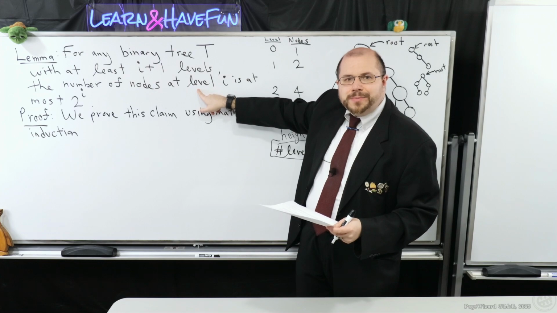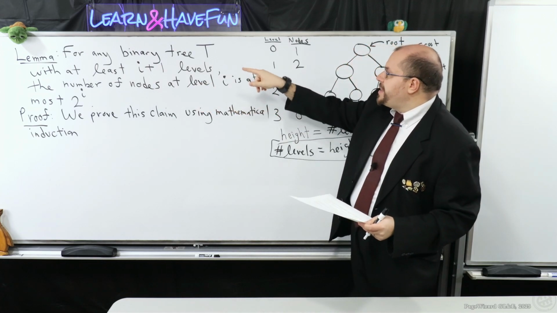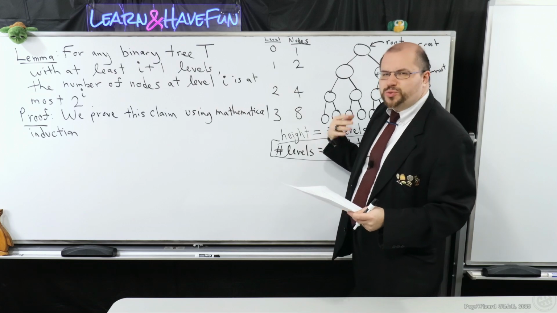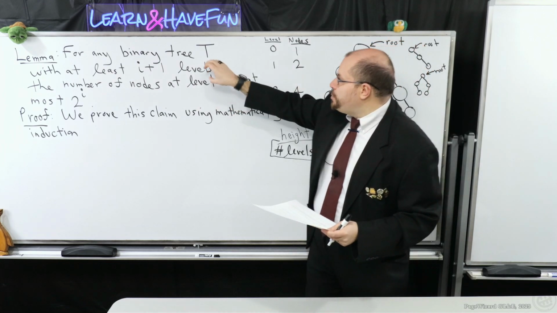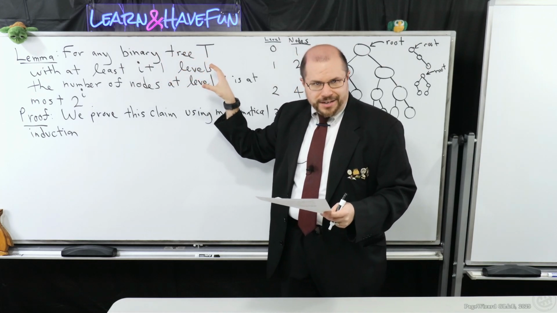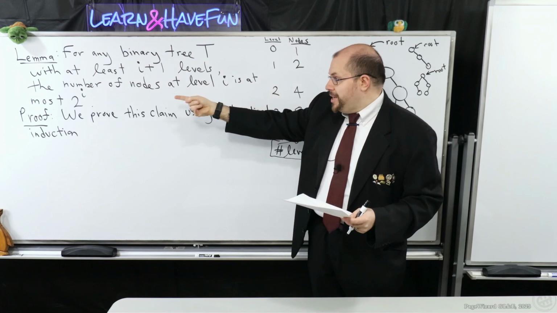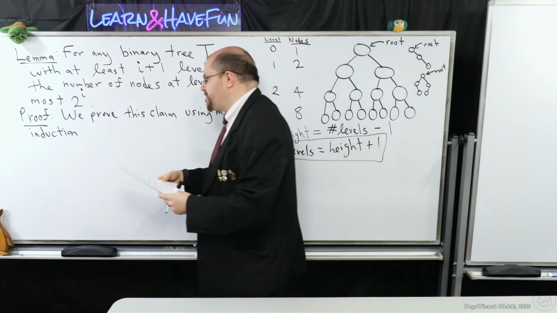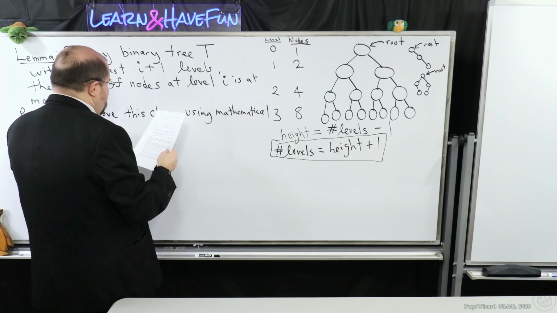Is that clear to everybody? For example, if I'm looking at level 2, this is saying that the tree has to have at least 3 levels so that level 2 could exist. So this part is not actually that key at this stage. What matters is the level in relation to the nodes, so maybe we'll use induction on I.